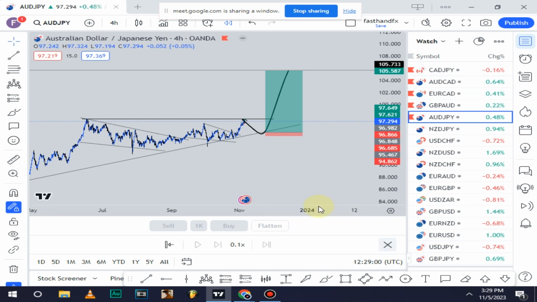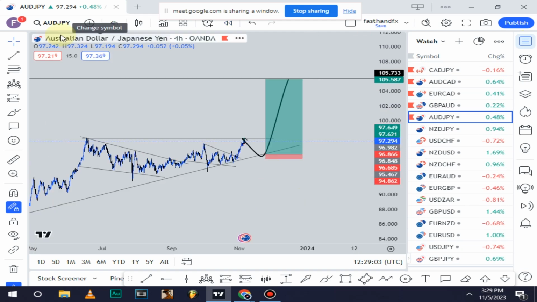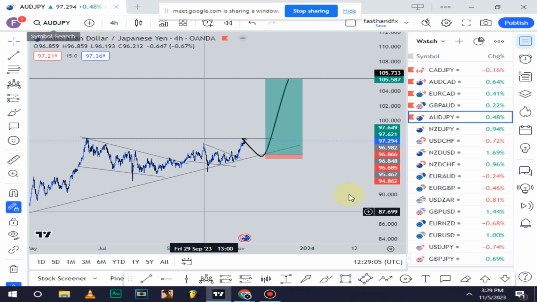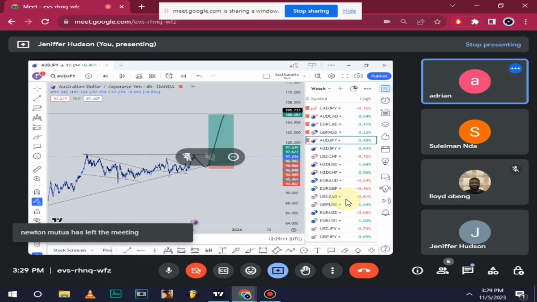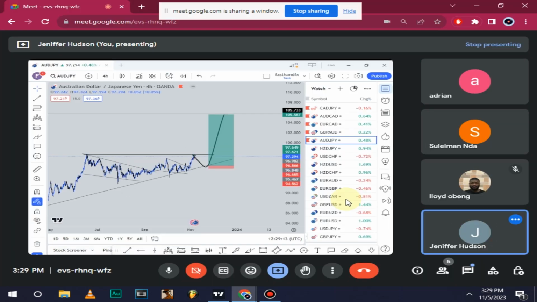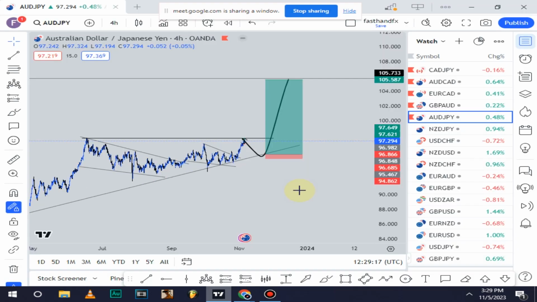Any pair that we should try to analyze? Well, probably how about USD CHF? Swiss franc.